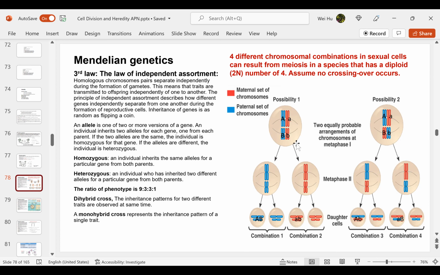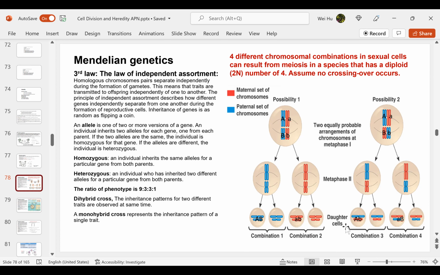Your mother's and your father's pairs will separate. This big A is one from your dad, and small a is the recessive allele from your mom. They will separate during meiosis. So eventually you get 4 different combinations, correct? So 4 different sperm or egg.